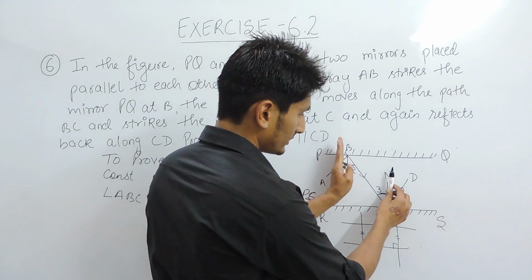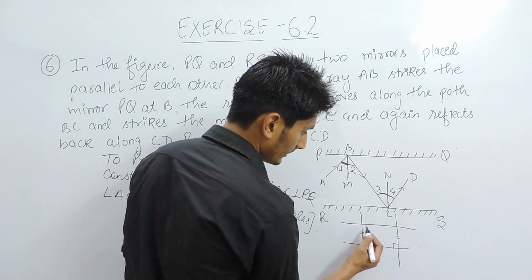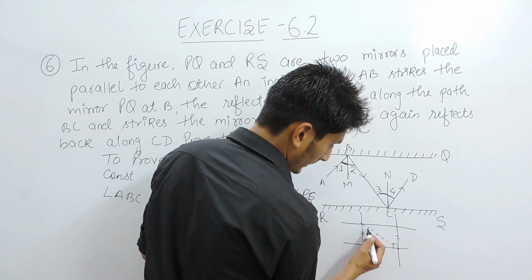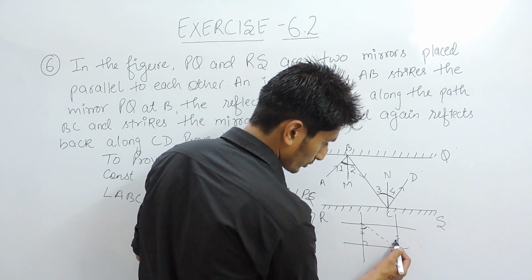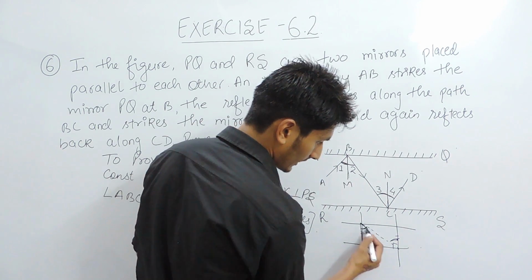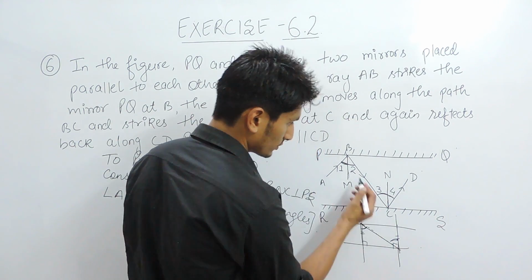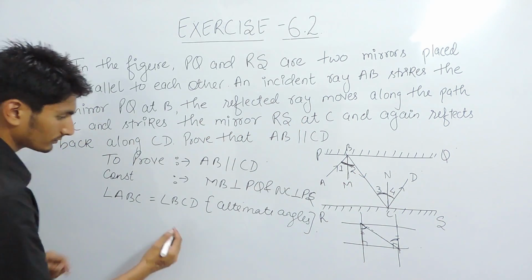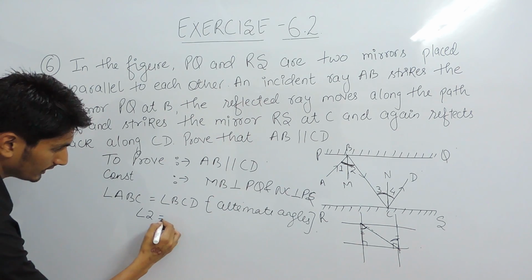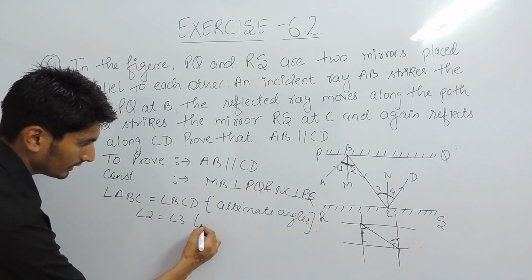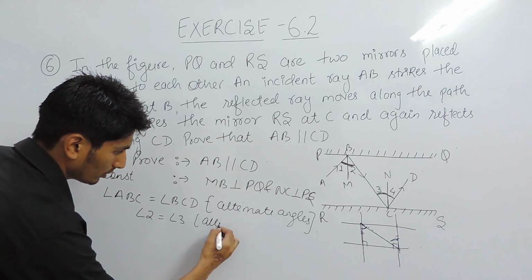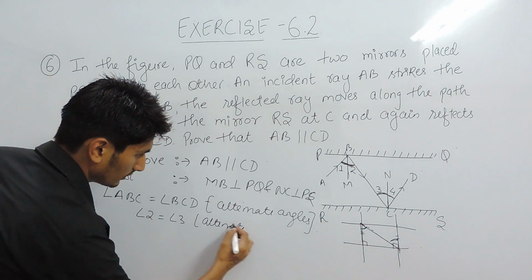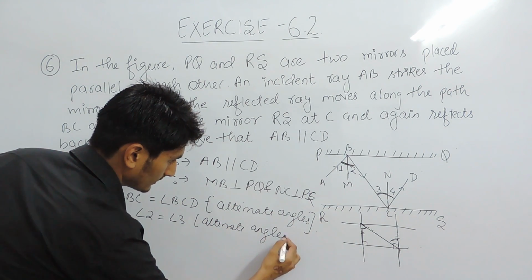And if these two are parallel, then this angle must be equal to this angle, because these are again alternate angles. So angle 2 is equal to angle 3, because these are again alternate angles.